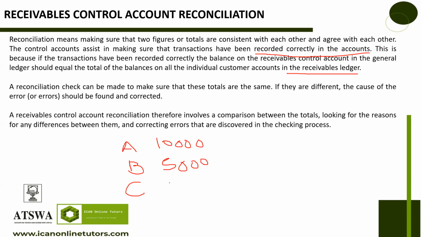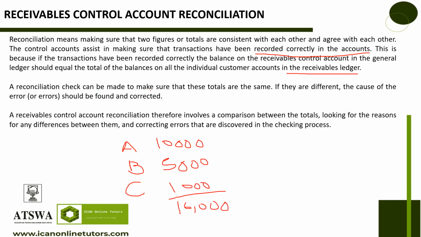This other one owes 1,000. The total of all the receivables that they are owing us is what? 16,000. By the time you do the receivable control account, you should actually have 16,000 as your balance brought down.